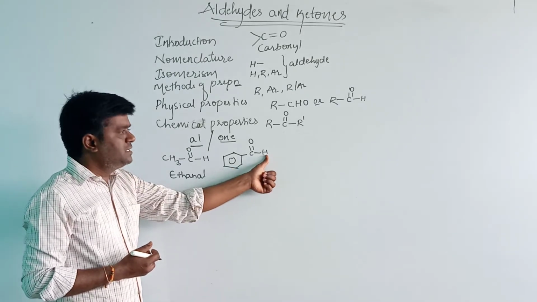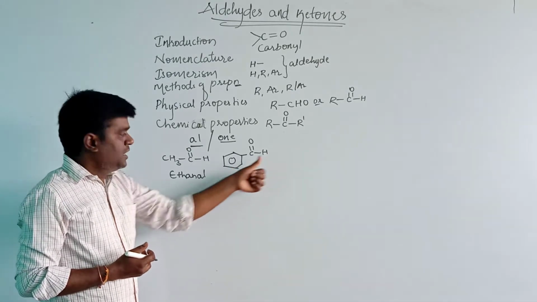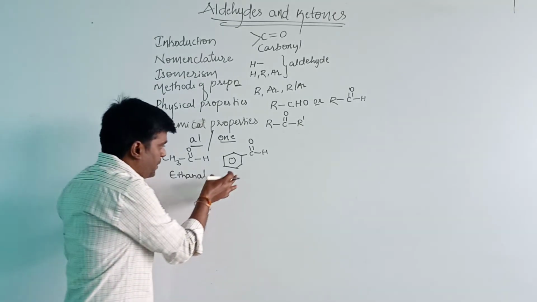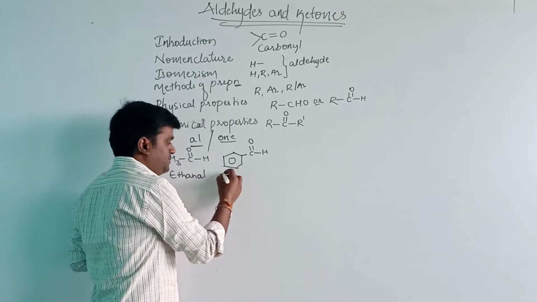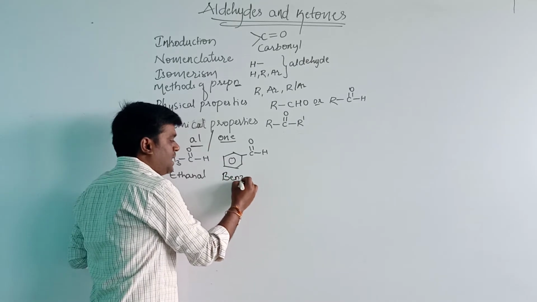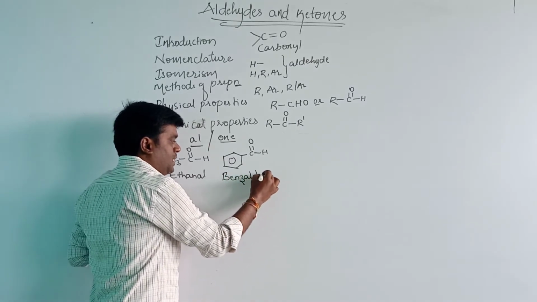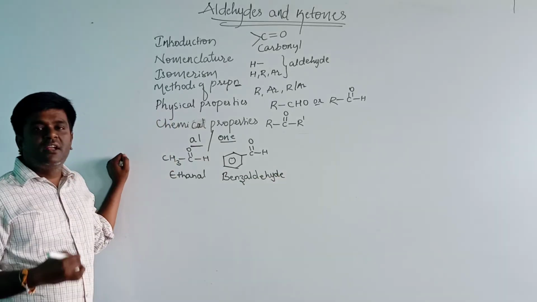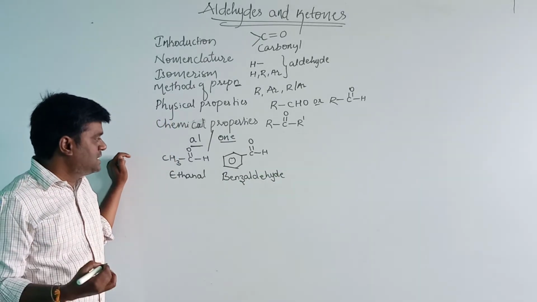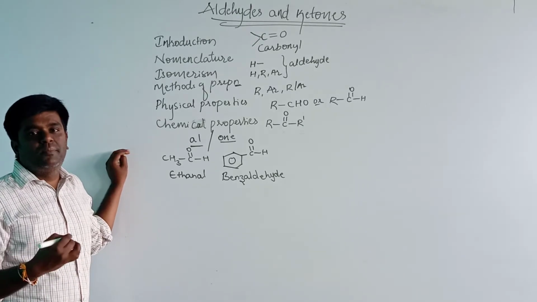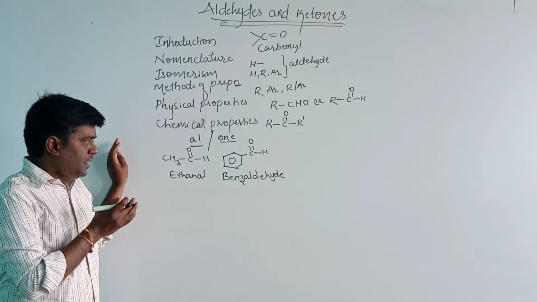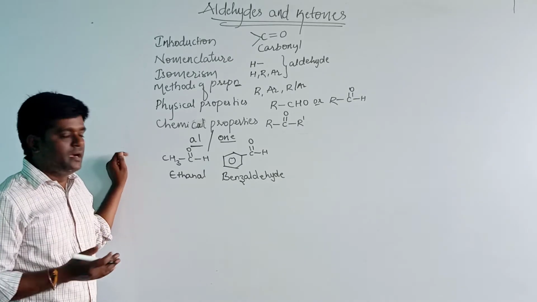If one of the valencies is satisfied by hydrogen, then those compounds are known as aldehydes. The particular name of the compound is benzaldehyde. We can also call it benzene carbaldehyde, and we can also call it benzaldehyde.